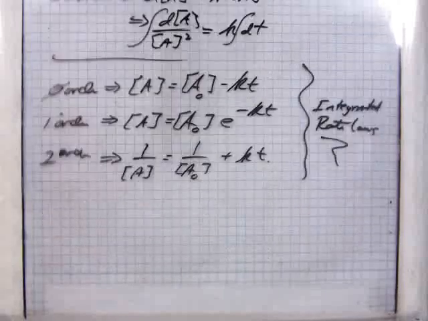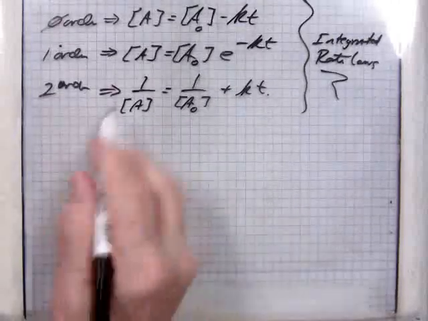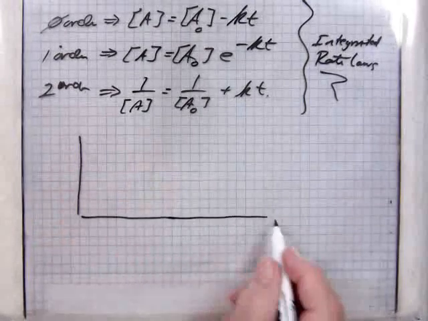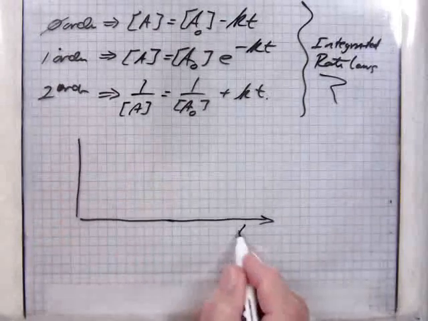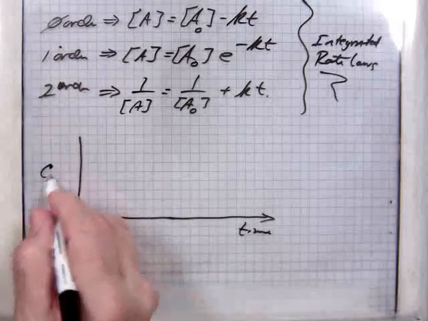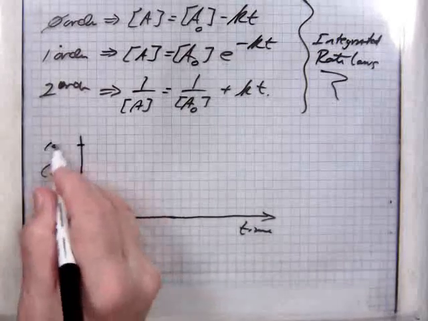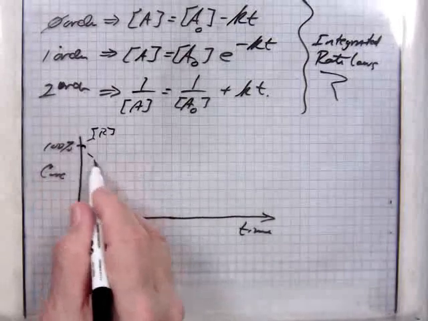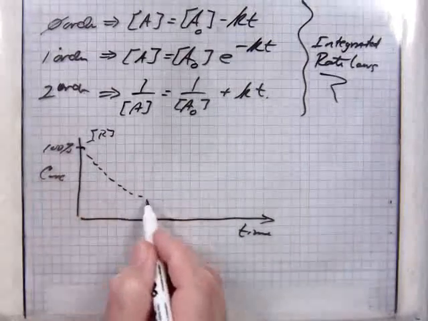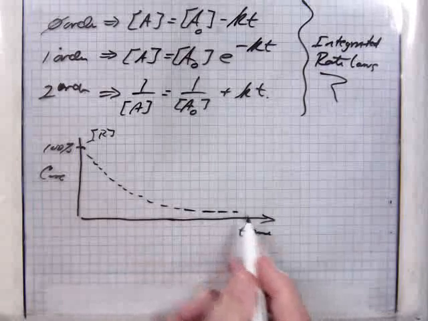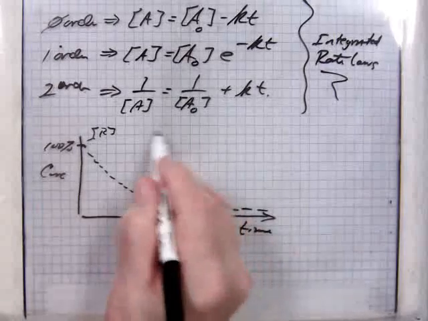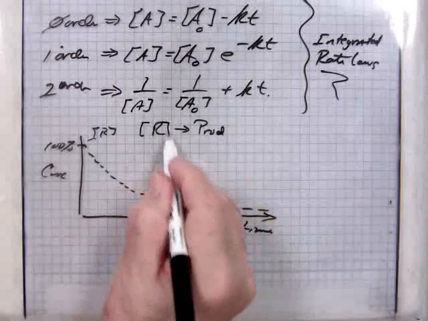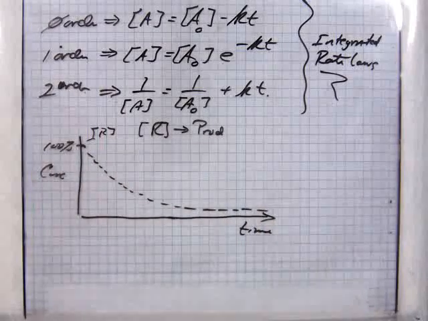Since you're working with the reactant side over time and concentration, this is 100% of the reactant concentration, and these apply to a reaction going to products.